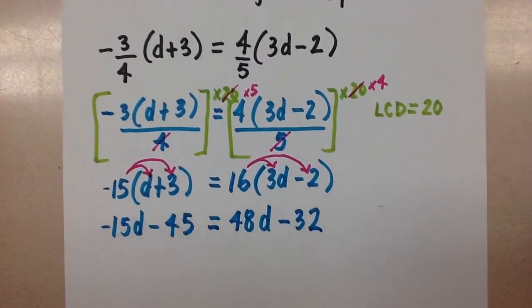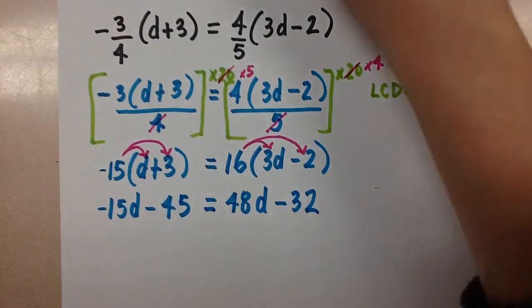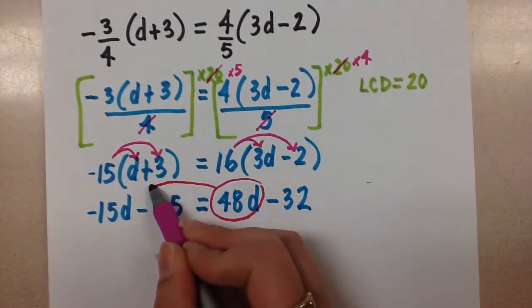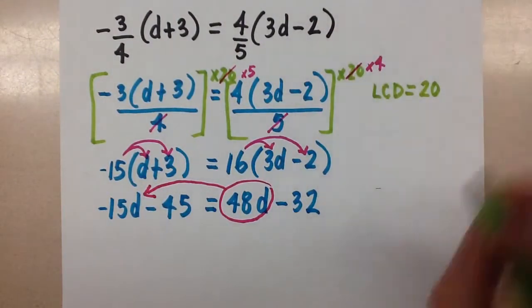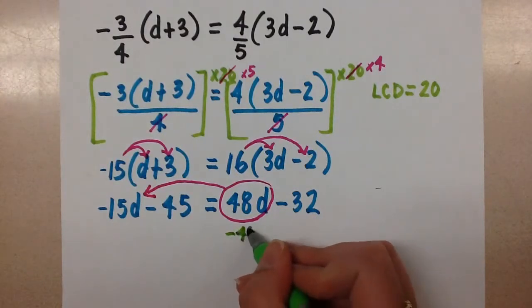Now we're going to keep simplifying here. So we have a variable d on the left and a variable d on the right. We want both of these to be on the same side. So I'm going to move this term over to meet up with its like term on the left-hand side. And we do that, since it's a positive 48d here, we subtract 48d.